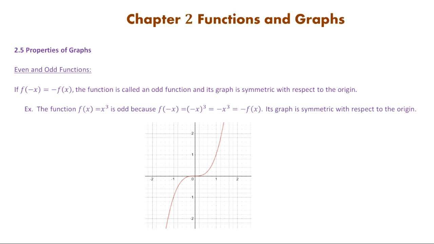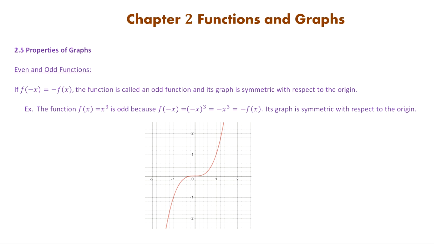That's the symmetry we discussed, the point symmetry with respect to the origin, changing both the x and the y. For example, the function f of x equals x cubed is odd because f of negative x equals negative x cubed.